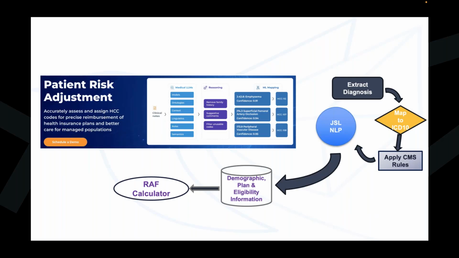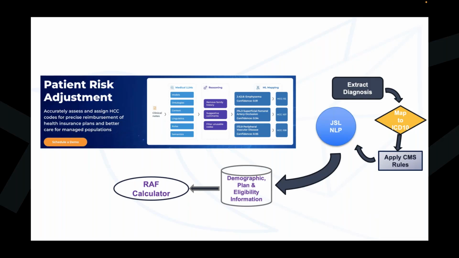So that is where we have a reasoning layer supported by RAG, which looks at all the chunks and the entire note, and then does two things. One is it surfaces suspective codes. The second thing it does is it attaches evidence to each of those conditions.